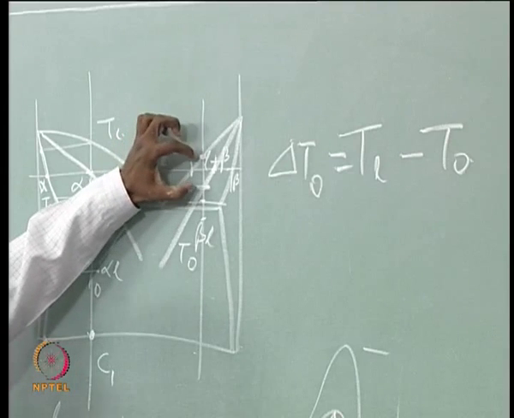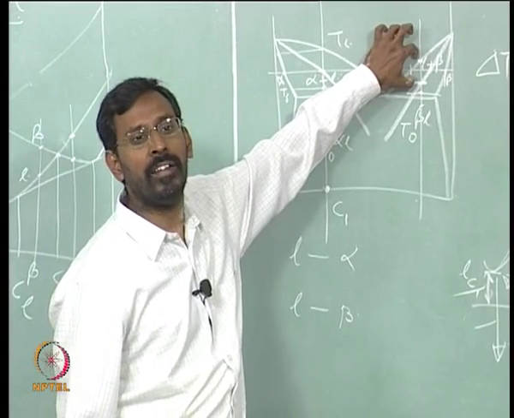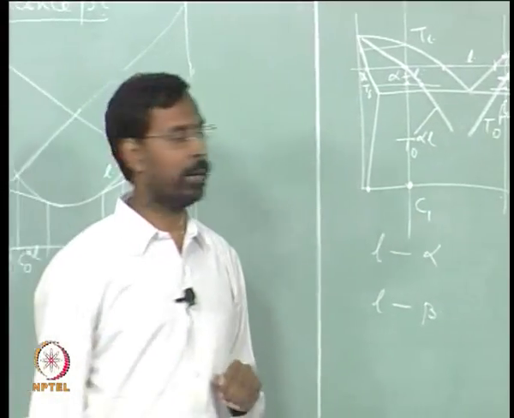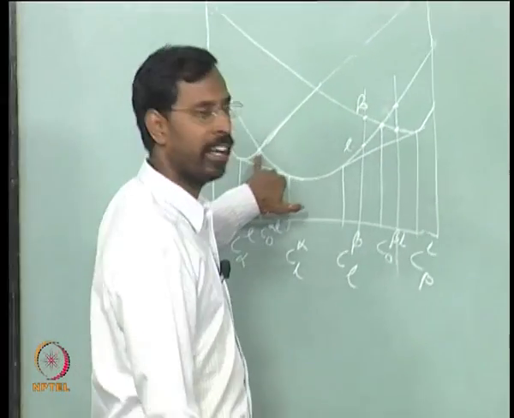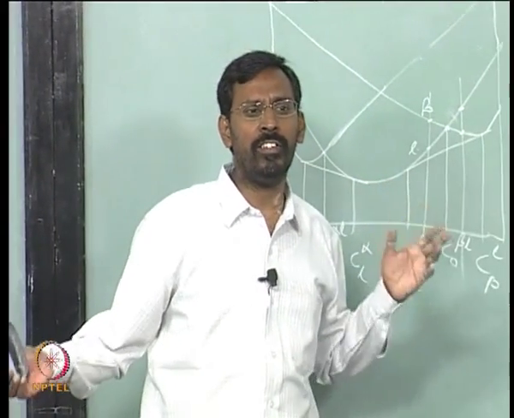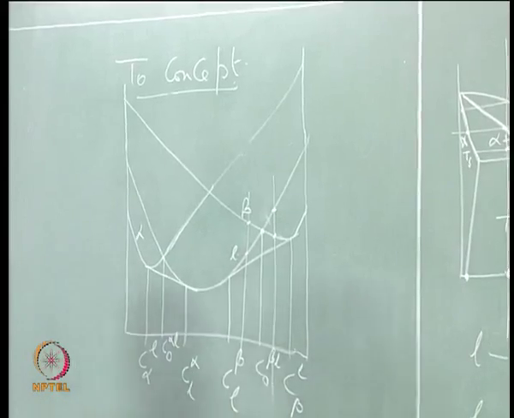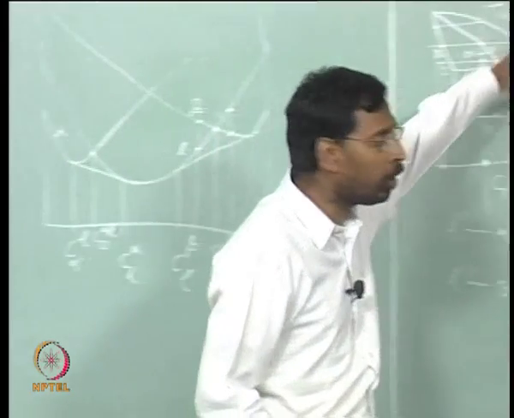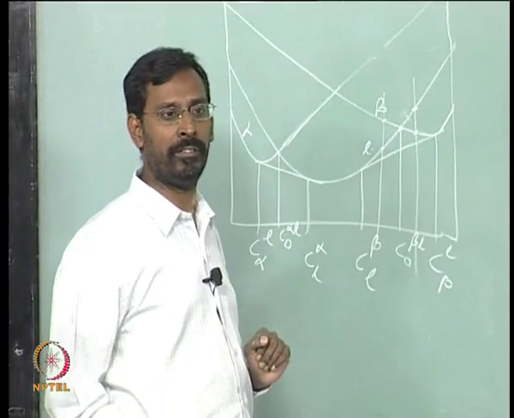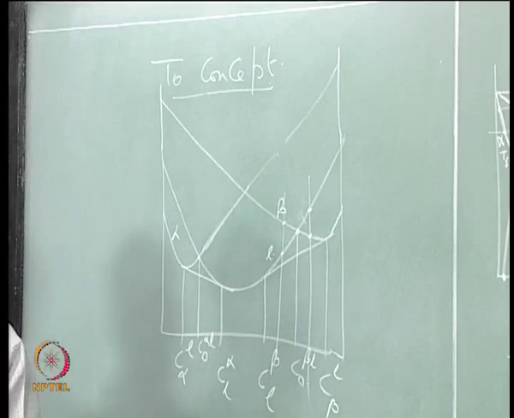If you give only exactly that, it is not sufficient, because you need some driving force, because if you are exactly there at the T naught, free energies are equal. Free energies being equal does not mean that the reaction will happen. You have to be slightly below the T naught, so that the liquid has a higher free energy than the alpha of the same composition.